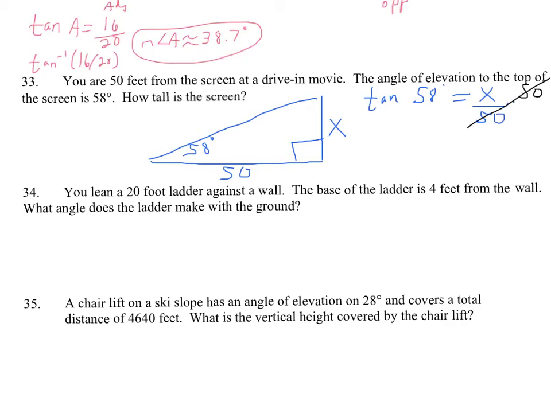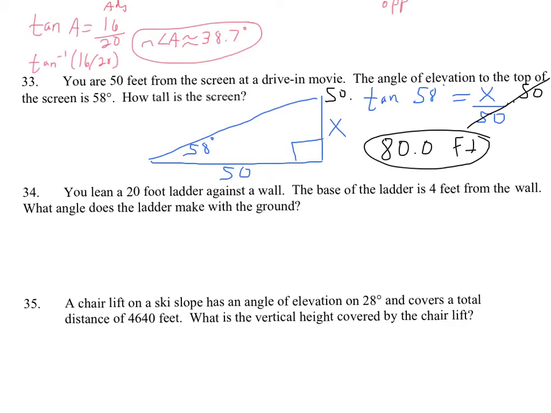That way the x will be by itself. And we'll type in 50 times tangent 58. And it doesn't say what to round to, but if we just continue what we have been rounding to, the nearest tenth, I get 80.0 feet. So that would be our answer.